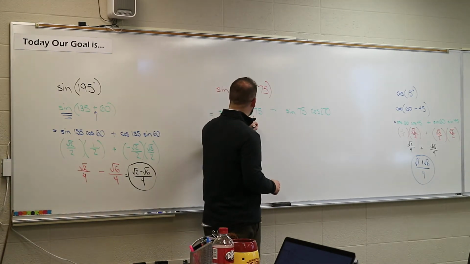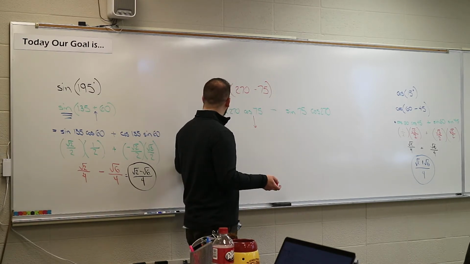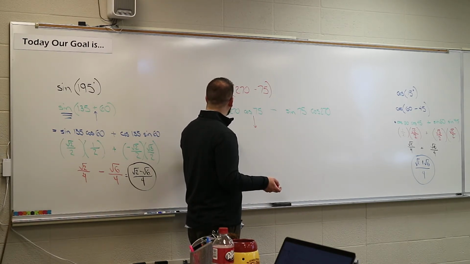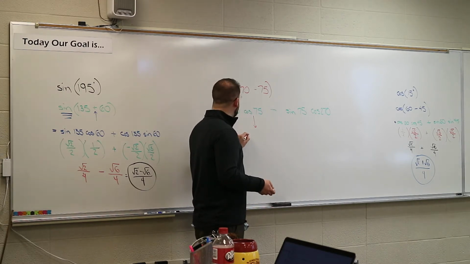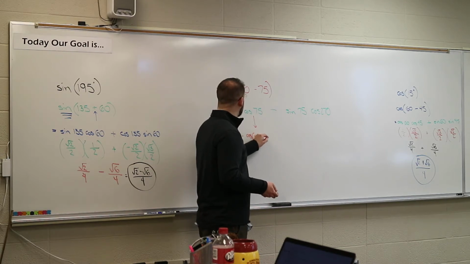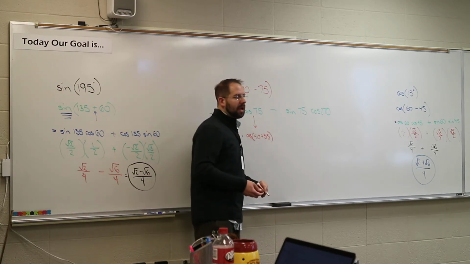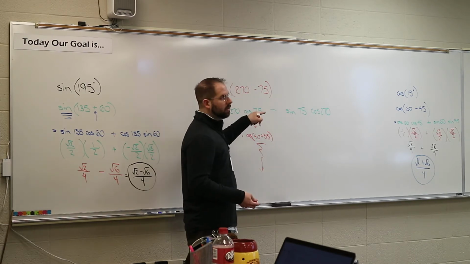75 is a problem you'd have to actually separate again. So if you're doing the sine of 270 times the cosine of 75, you'd actually have to split this 75 into numbers you've actually done before. And that's its own problem in the middle of this one.